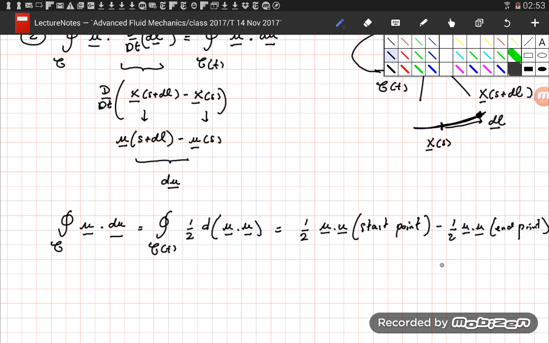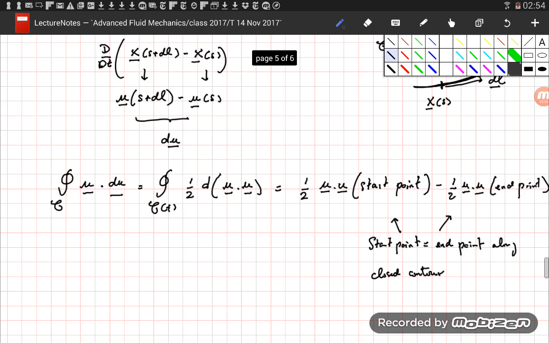But of course, if my contour is closed, the start point equals the end point along a closed contour. And therefore, this is equal to 0.